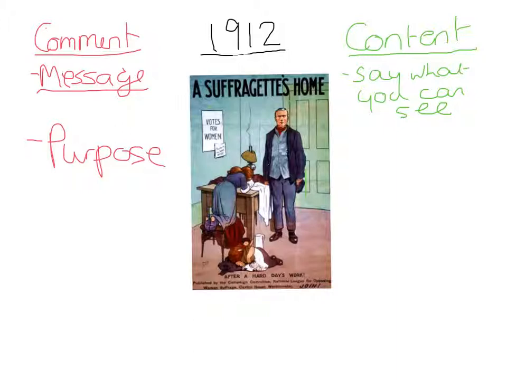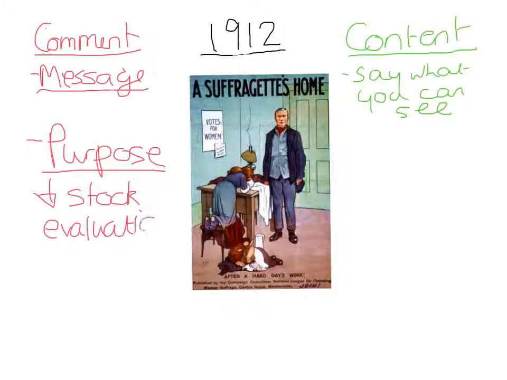Now, to be able to achieve higher marks, to reach level 3 and level 4, so we're looking at 4 and 5 marks onwards, you need to look at the purpose, because looking at the purpose shows that you can do more than stock evaluation. This is something that examiners look for to show that you fully understand the source.